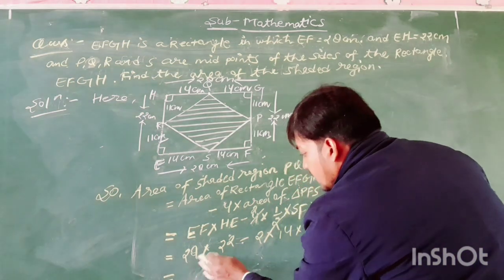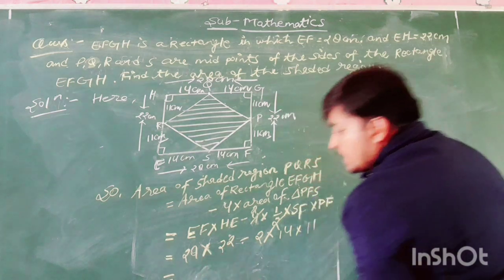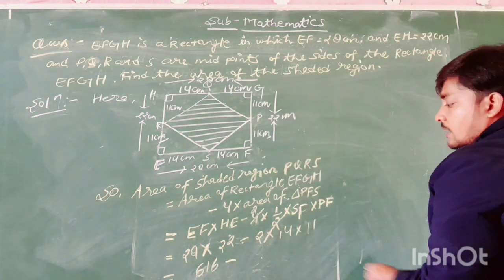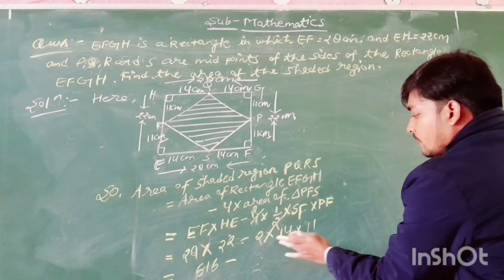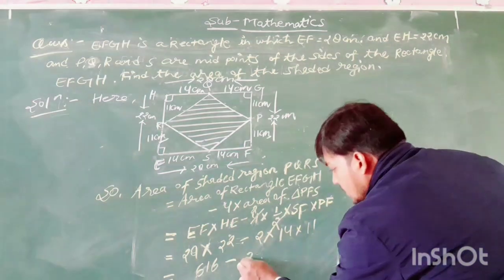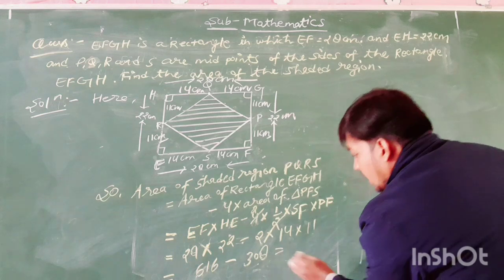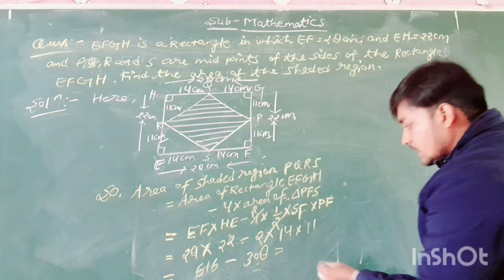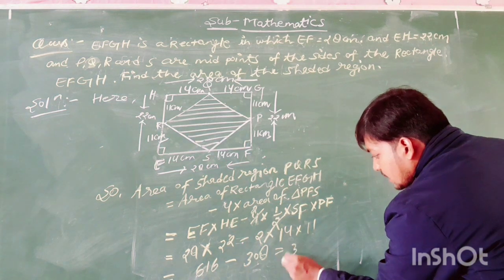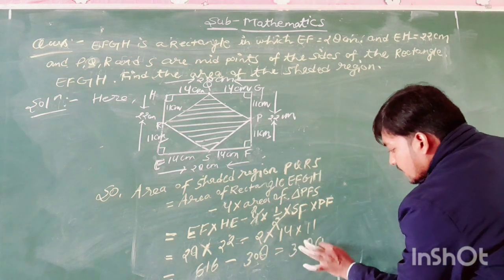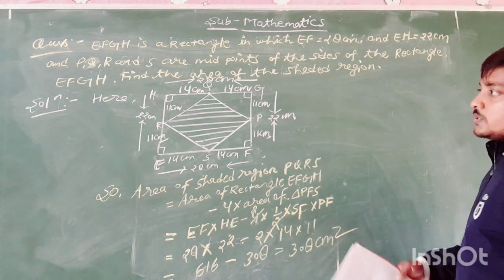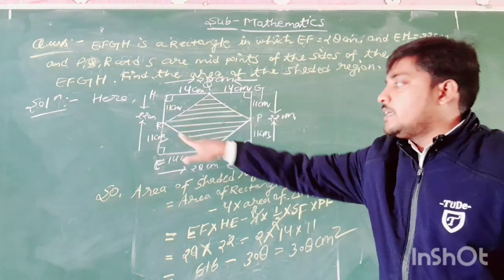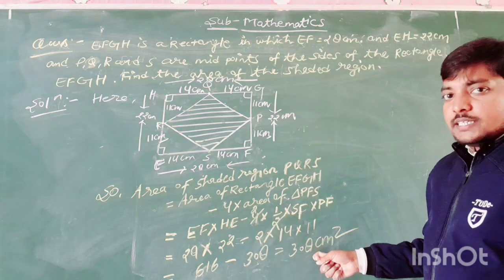When 28 and 22 are multiplied, we get 616 minus the product of 2, 14 and 11, which is 308, and after subtracting 308 from 616, we get 308 centimeter square. So the area of the shaded region PQRS will be 308 centimeter square.